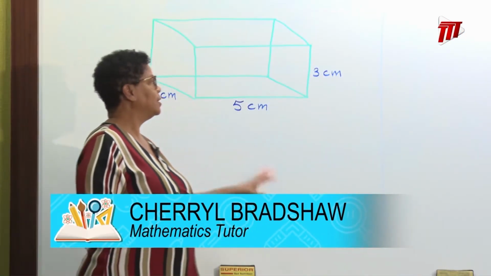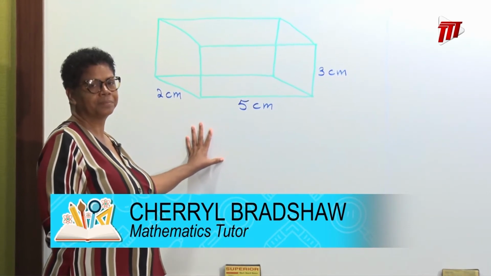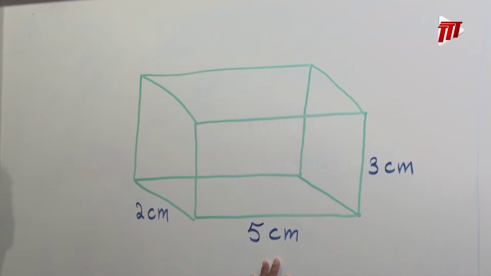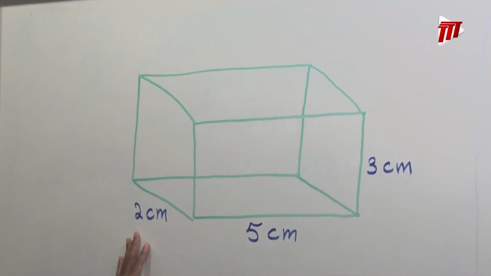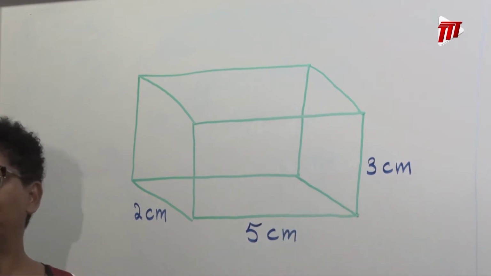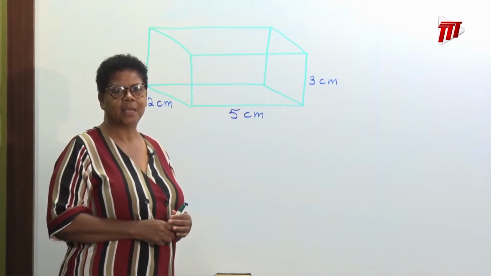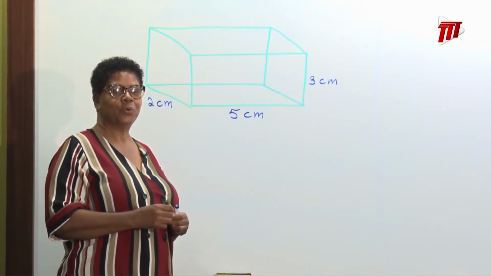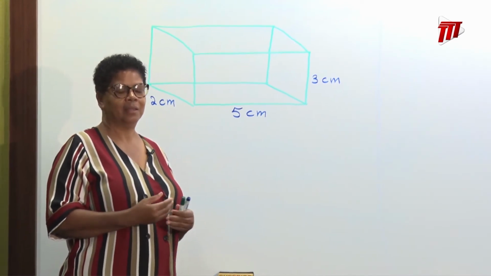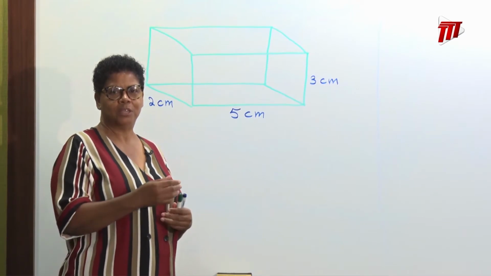Here we have another cuboid. Its dimensions are 5 centimeters by 2 centimeters by 3 centimeters. And we are going to use our formula to help us solve. But we're also going to check to see if our formula is working like normal counting of cubes.